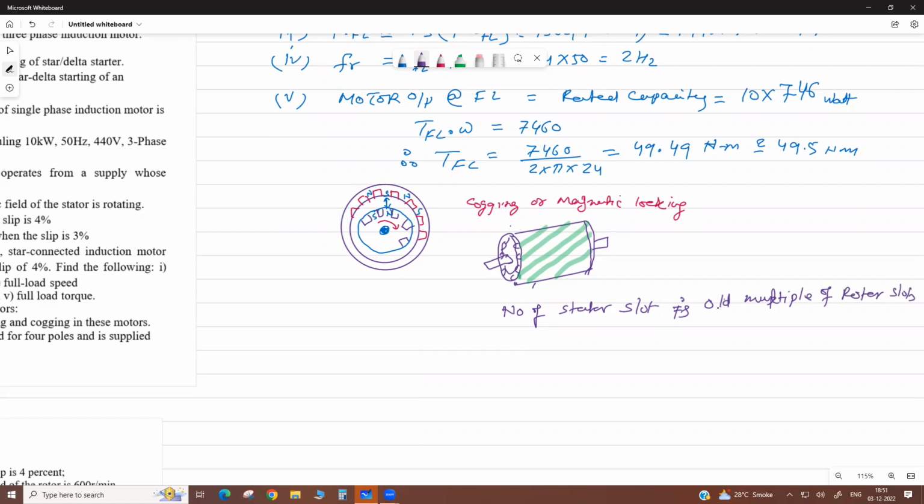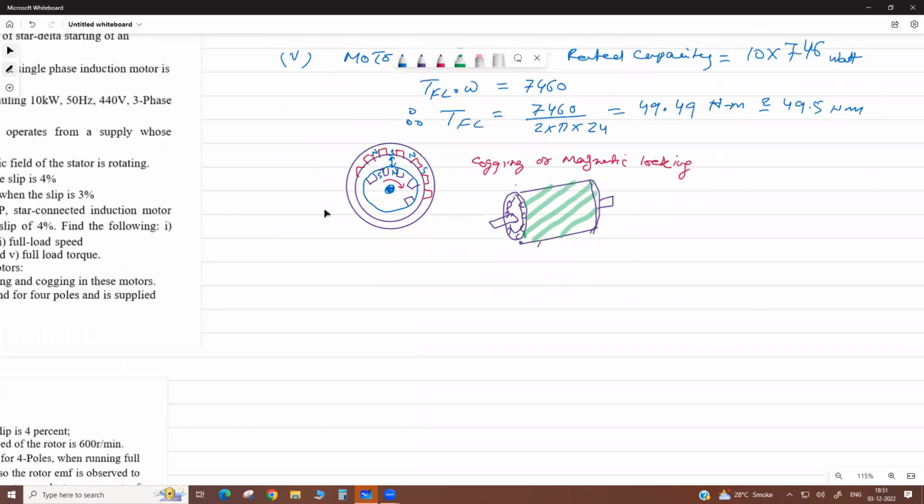It means not an even multiple, but an odd multiple, like 3 times, 5 times. Then there is less chance they are face to face. This is the way. Now another one is this, the cogging.